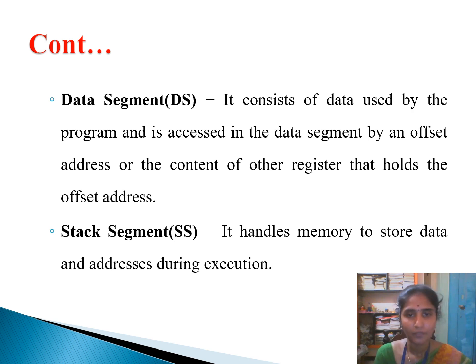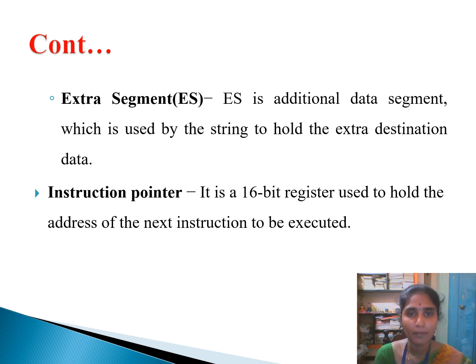Stack segment. It handles memory to store data and addresses during execution. Next, extra segment. The extra segment is an additional data segment which is used by strings to hold the extra destination data. Instruction pointer, which is a 16-bit register.